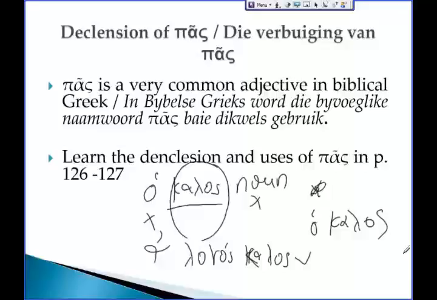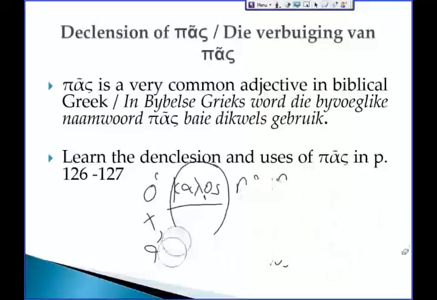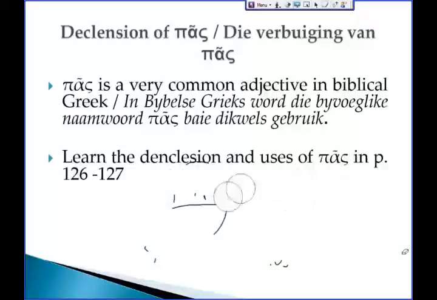When we talk about attributive, remember, what are we talking about? Danny? Your article, and then the adjective, and then the noun. Or, which other possibility of the attributive? Any other possibility?